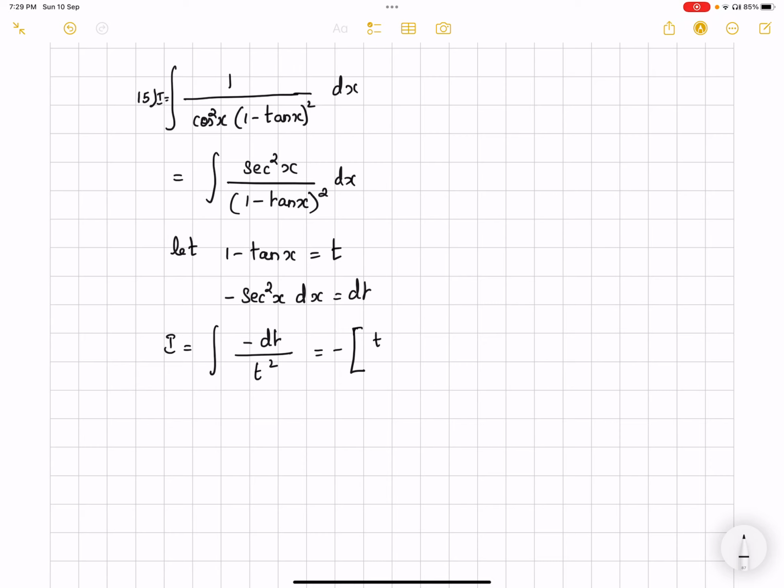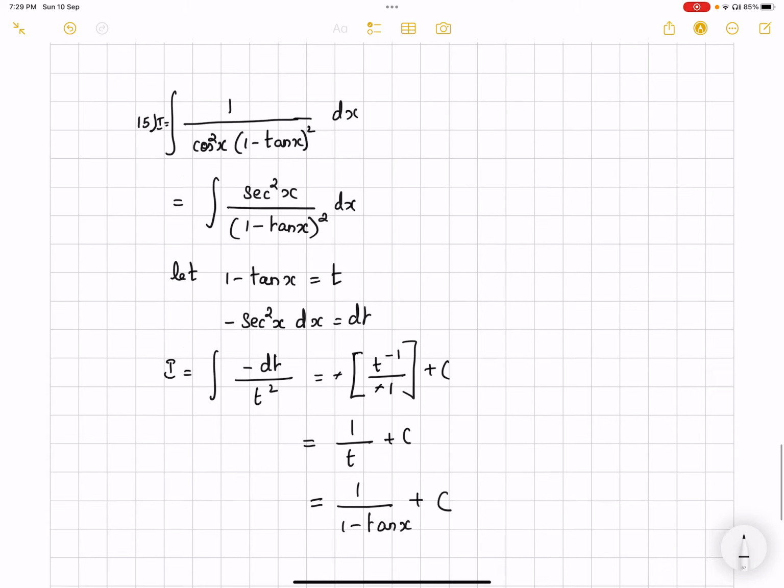So t to the power minus 2 plus 1 is going to be minus 1, divided by minus 1, plus c. This minus and this minus will go away, and I would have 1 by t plus c. What is my t here? 1 by (1 minus tan x) plus c.